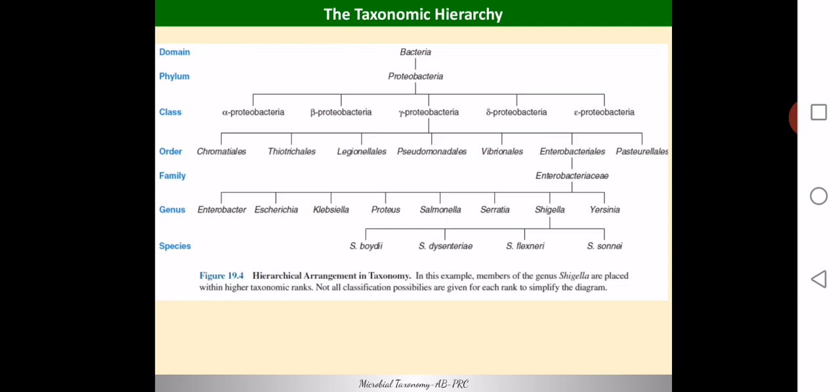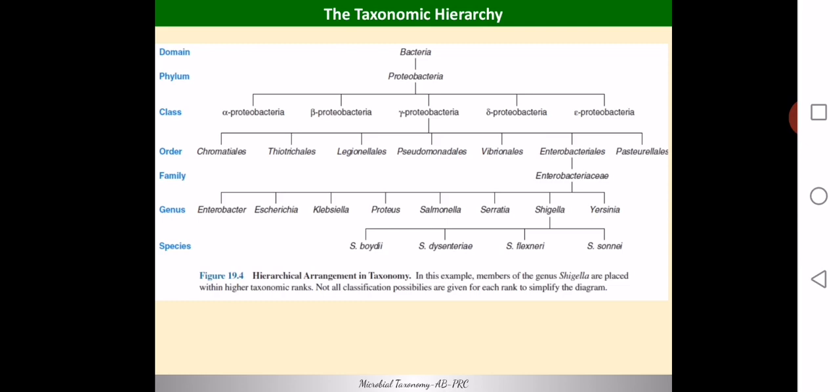You can see there is domain, then phylum, class, order, family, genus, and species. These are the 7 levels, or the taxonomic hierarchical order, for classifying organisms. Of these, species is the very basic unit.